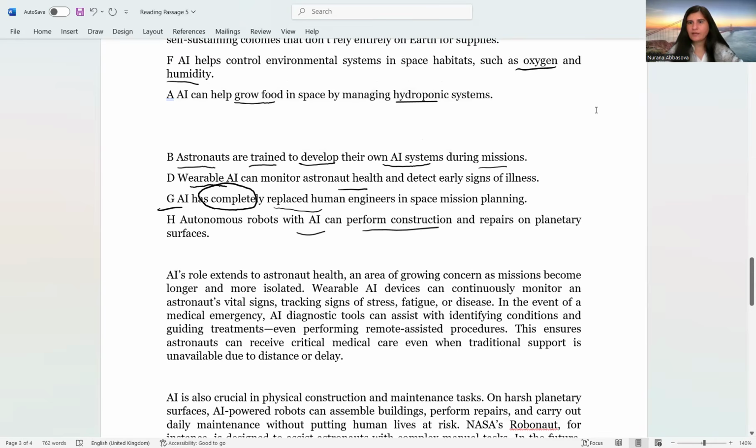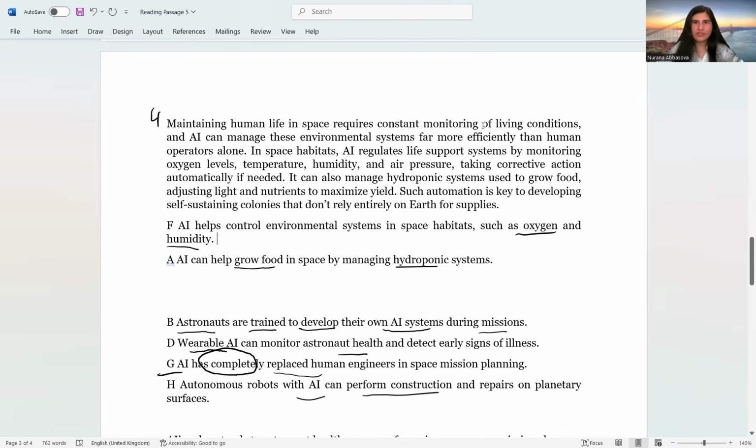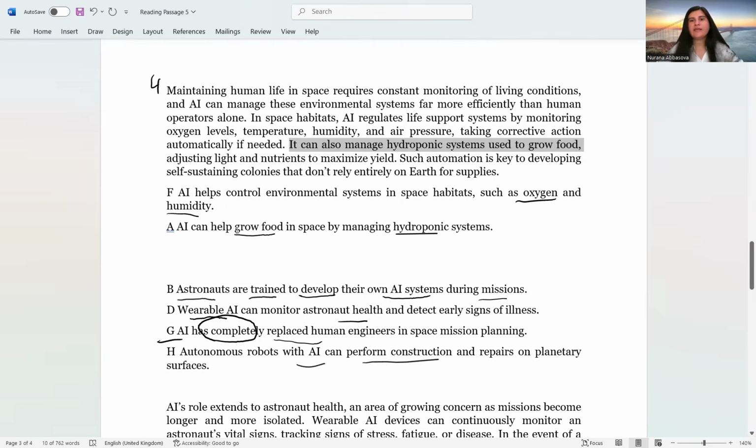Yeah, maybe it's exactly because they do talk about growing food using hydroponic systems. This one, and where was hydroponic? Yeah. It can also manage hydroponic systems used to grow food. The same thing. So F and A is related to this paragraph, and you will put them one under another next to this paragraph.